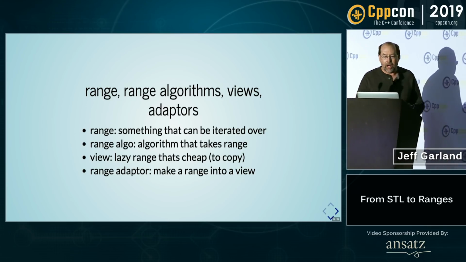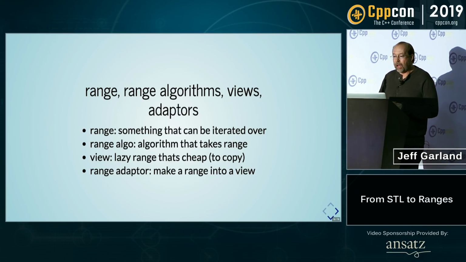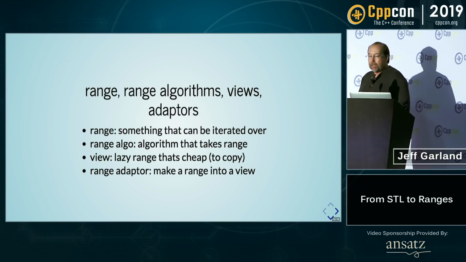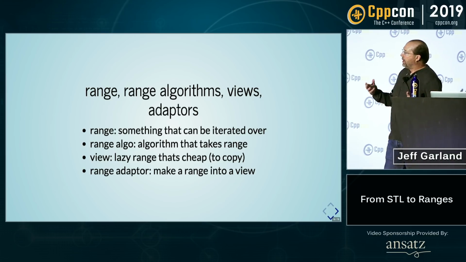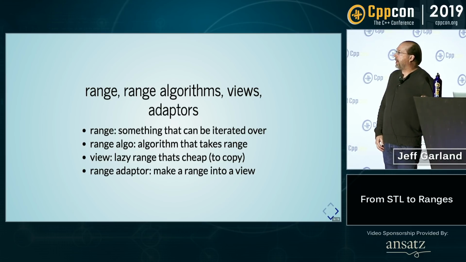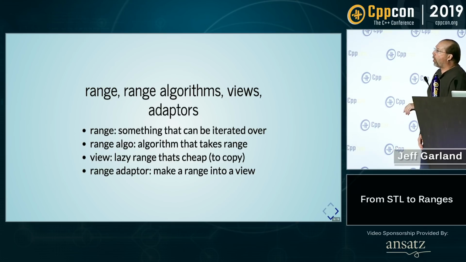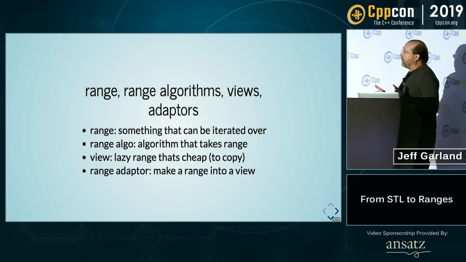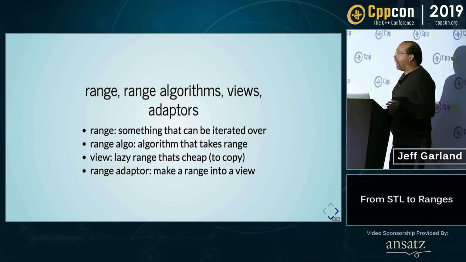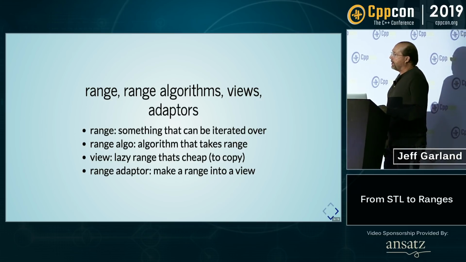And I'm not really going to talk about the range concepts today because of lack of time, but needless to say, in general, a range is something that can be iterated over, and we'll detail this a little bit more. A range algorithm is something that obviously an algorithm that takes a range.